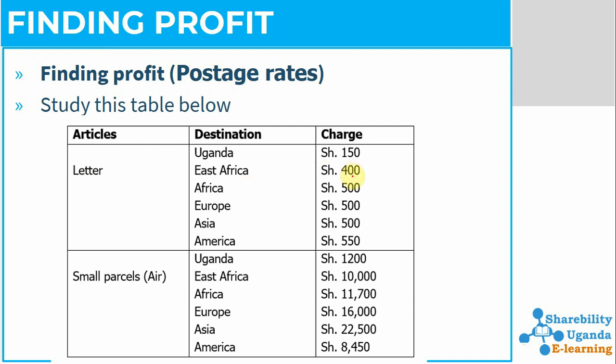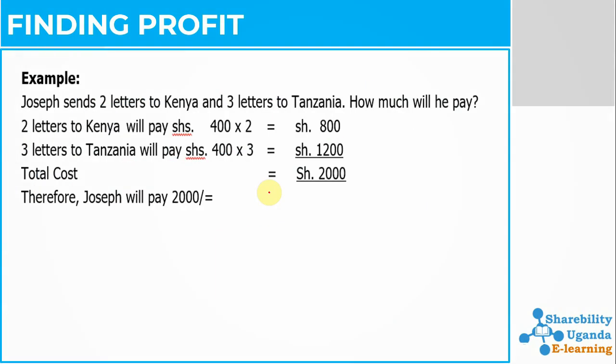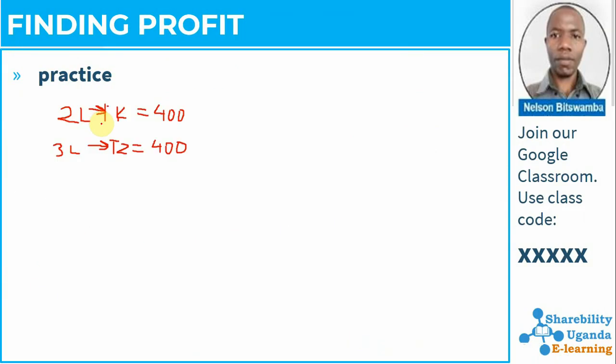When they mean one, that means we shall find out the cost of the two letters. So we shall say our two times our charge, which is 400.